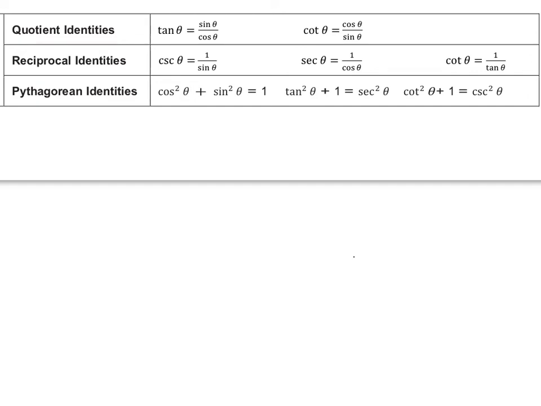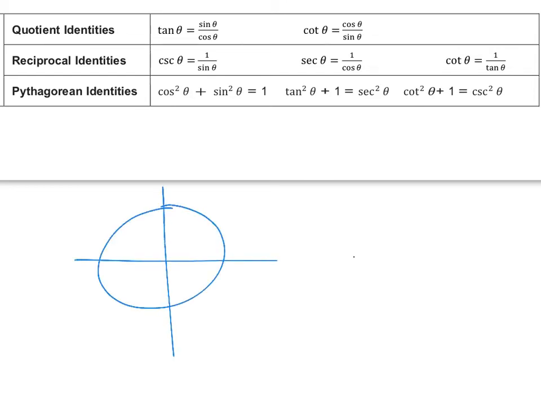Alright, let's start 13.1 day 2 by reviewing the Pythagorean identities. The first one is pretty much just the Pythagorean theorem on the unit circle. If you picture the unit circle, pick a point. Well, we know that cosine is the x, sine is the y, and the hypotenuse is also the radius of the circle.